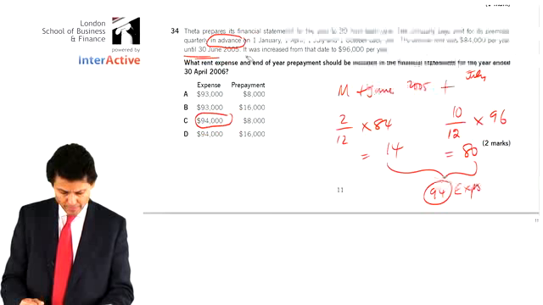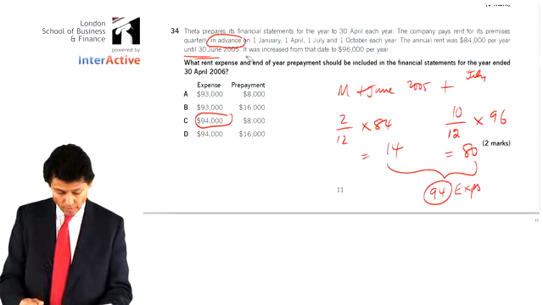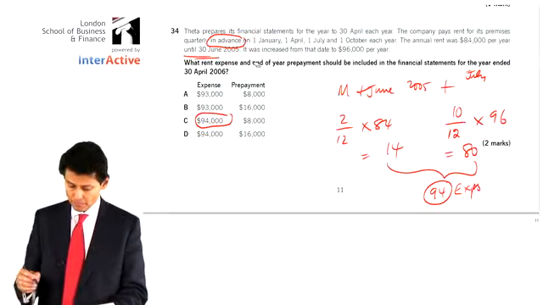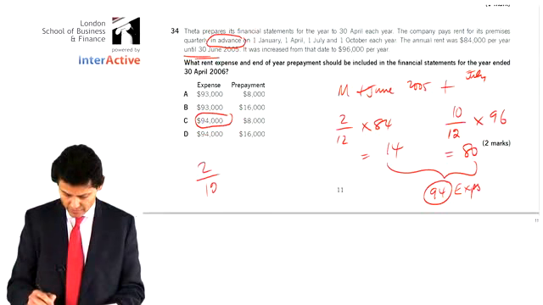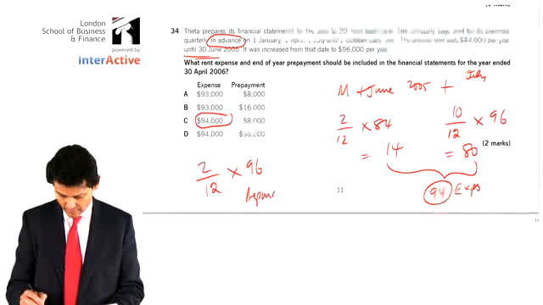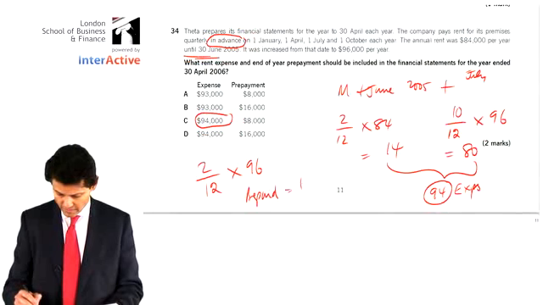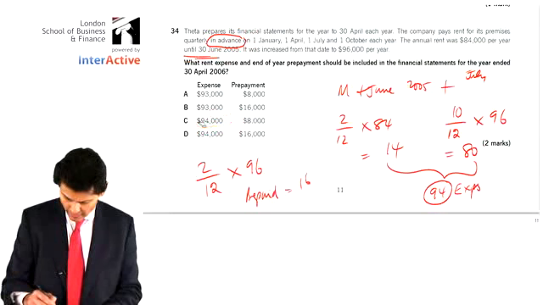Then on the 1st of April, you've paid for the month of April, May, June, I suppose 2/12 of 96 is prepaid. So 1/6 looks to be $16. So I'm going to change my figure now.